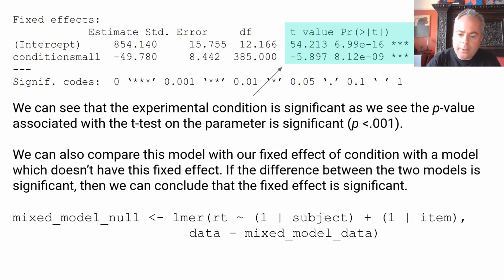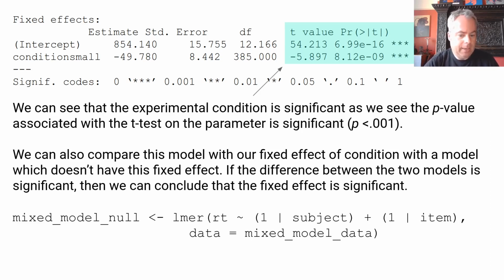Now, another thing that we could do, if we wanted to, is compare this model that we've built to model our data with another model where we actually drop our experimental manipulations. We drop our fixed effect, and we look to see which of these two models is better in terms of capturing our data.